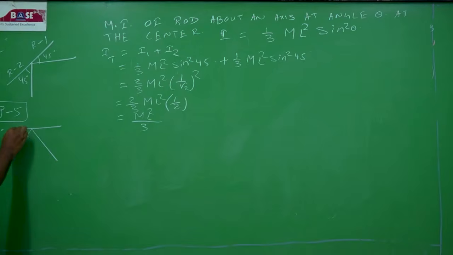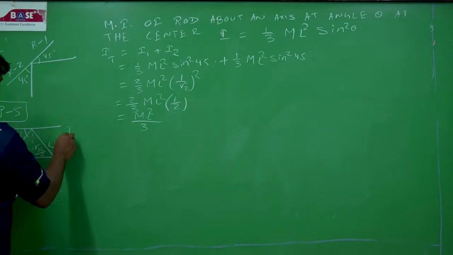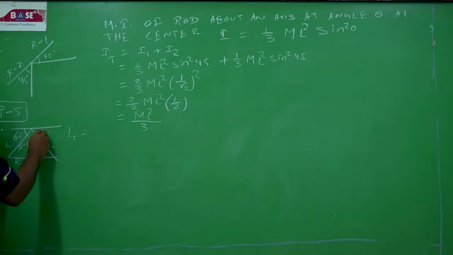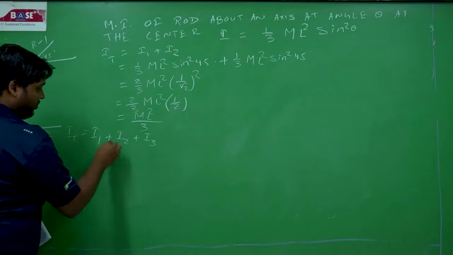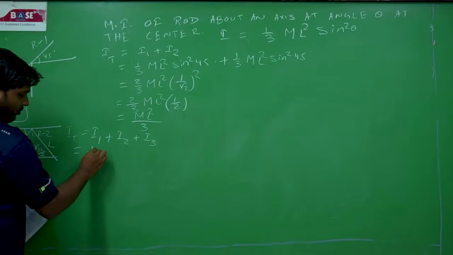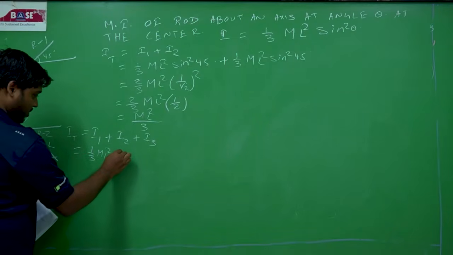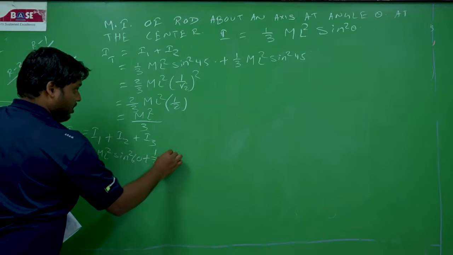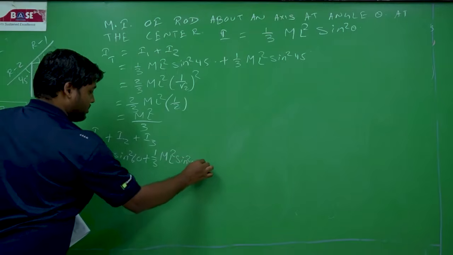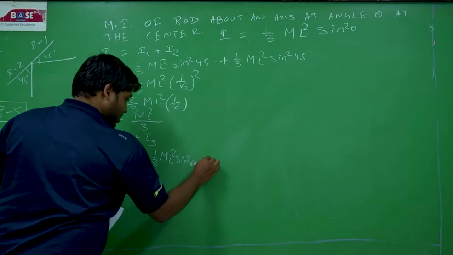This is given as a 60 degree angle, and this is also a 60 degree angle. Now if this is L, this is L, and this is L, I can take the perpendicular distance for rod 3 as root 3L by 2. So my I total will be, taking this one as rod 1 and this one as rod 2, I1 plus I2 plus I3. This one will be 1 by 3 ml square sine square 60 plus 1 by 3 ml square sine square 60 plus I3, which will be ml square.